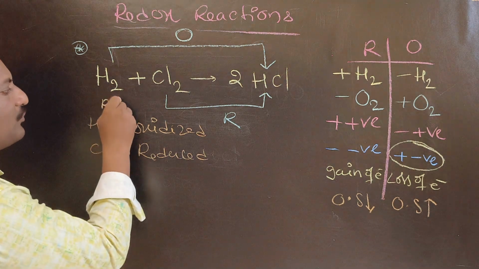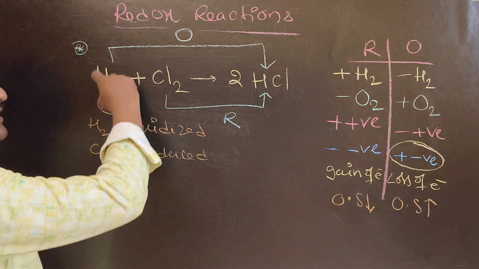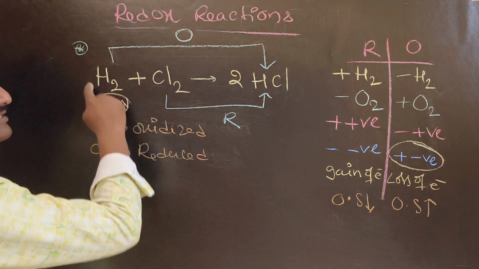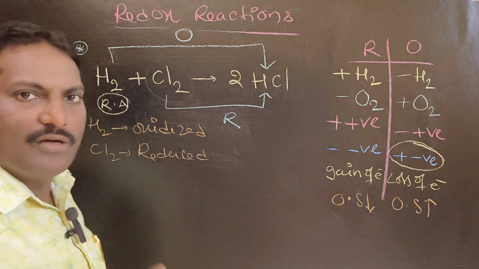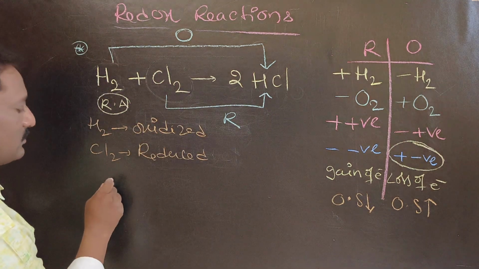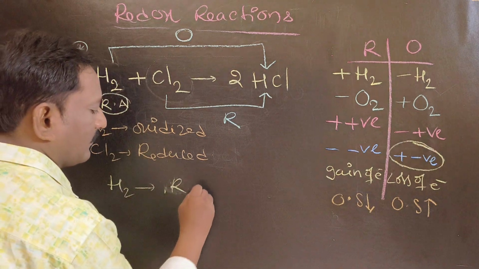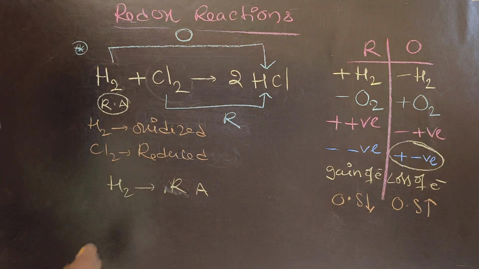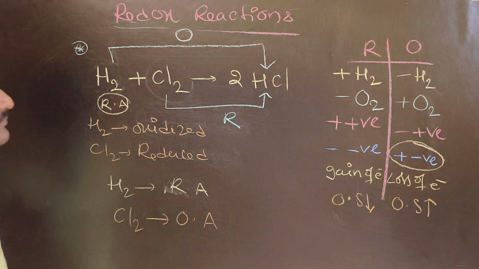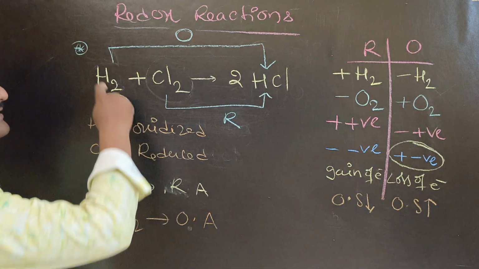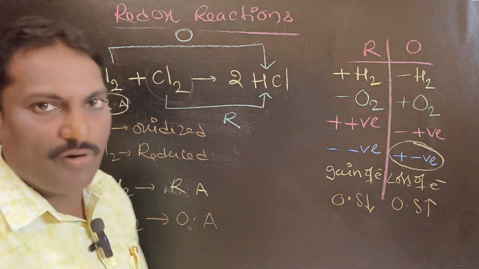Here, hydrogen is acting as reducing agent. The substance which brings oxidation is the oxidizing agent. Here, chlorine is acting as oxidizing agent. So hydrogen is reducing agent, whereas chlorine is oxidizing agent. So oxidizing agent itself undergoes reduction, reducing agent itself undergoes oxidation.